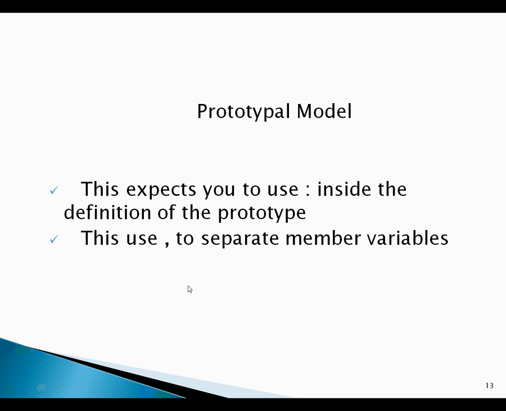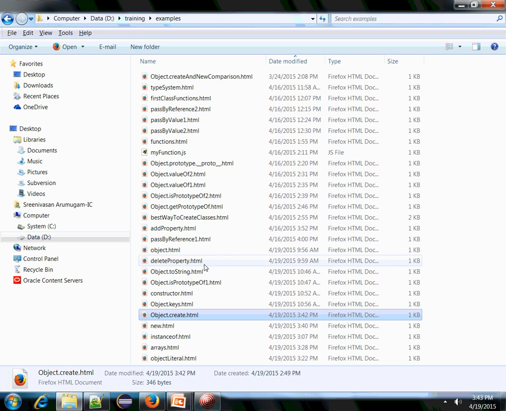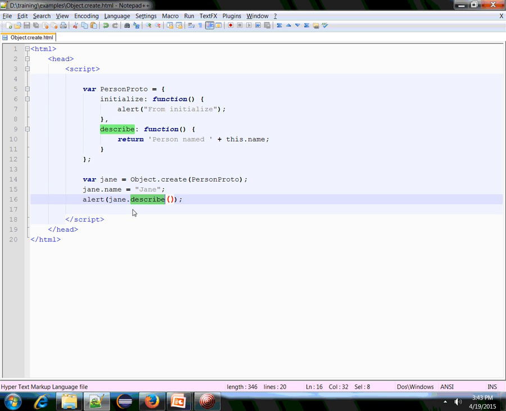So this expects you to use the colon operator and the comma operator to separate the member variables. Yes. So in this case, let us see the constructor part of it.